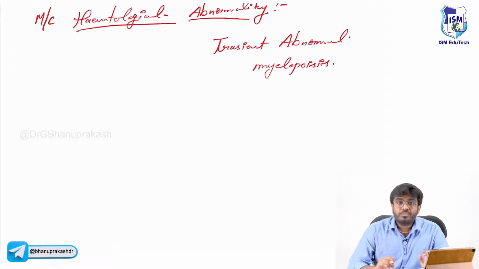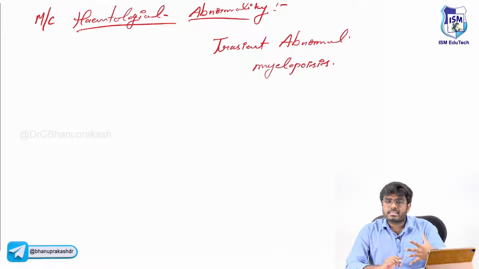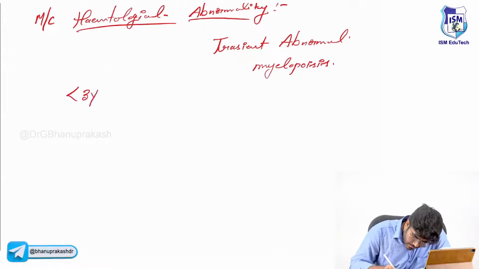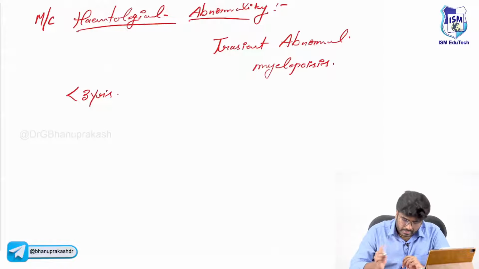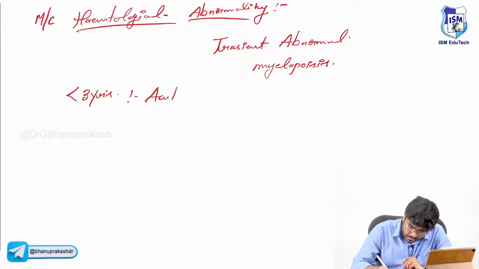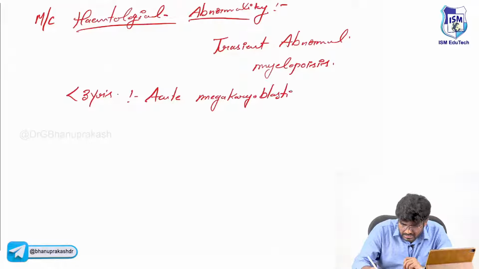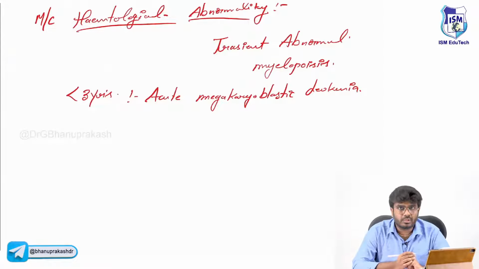But if they ask you, in Down syndrome, which blood cancers are most common? Before 3 years of age, which is very important, the most common cancer they will develop is acute megakaryoblastic leukemia.